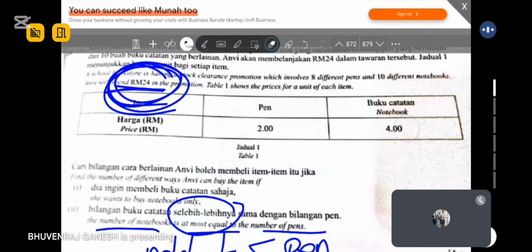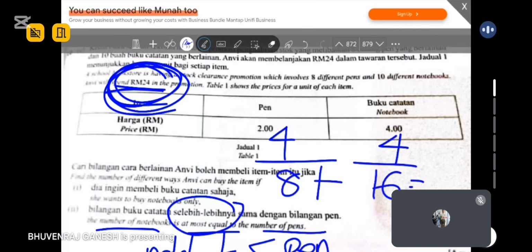Okay, so now, the first combination will be 4 pen and 4 notebook. Okay, you check and see, guys. 8, 16. So total, you get 24. Am I right? So it's correct. This combination is correct. So 4 pen, 4 notebook. Betul. Okay, second combination. Okay, let's say I want 6 pen, 3 notebook.